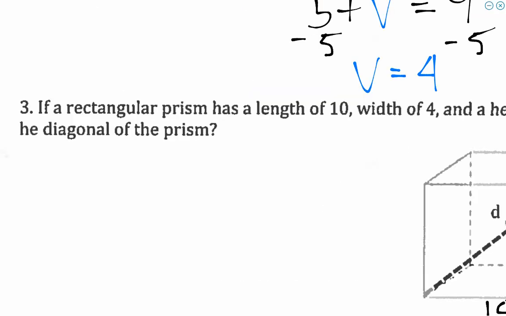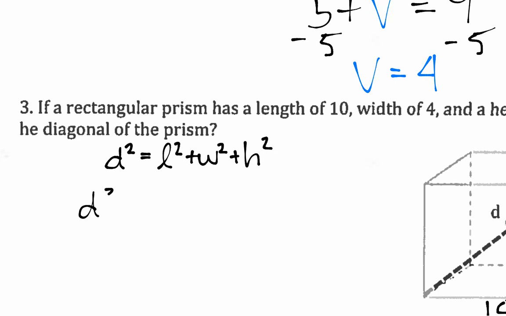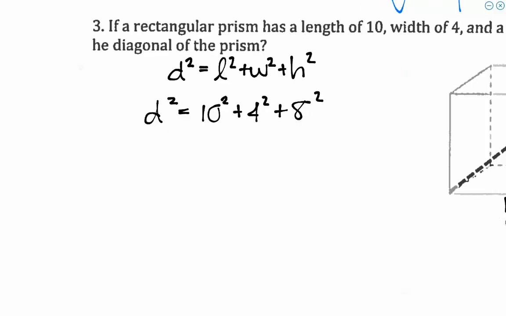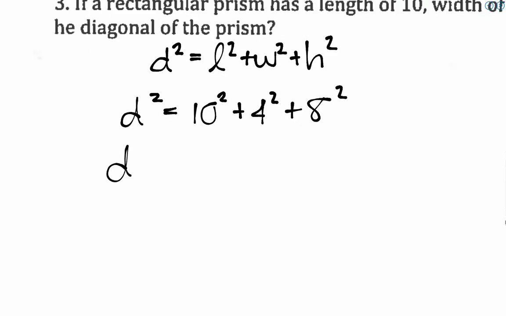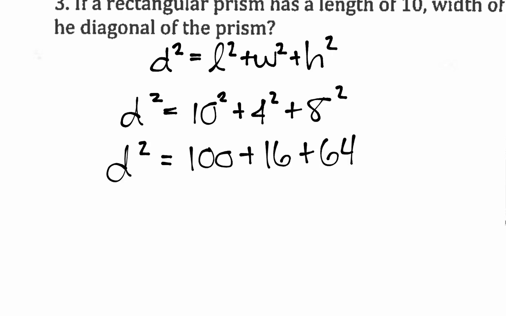So the formula we're going to use, this is 3-dimensional Pythagorean theorem. So d squared equals L squared plus W squared plus H squared. So d squared equals 10 squared plus 4 squared plus 8 squared. Make sure you actually square those before you add them. So that's 100 plus 16 plus 64.